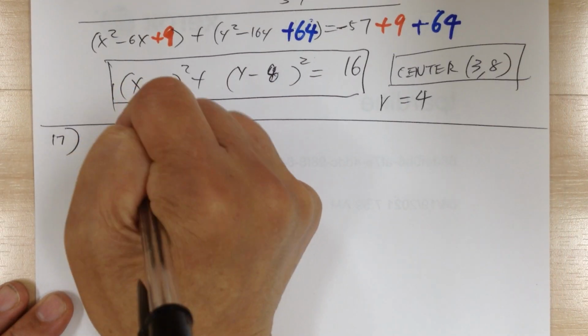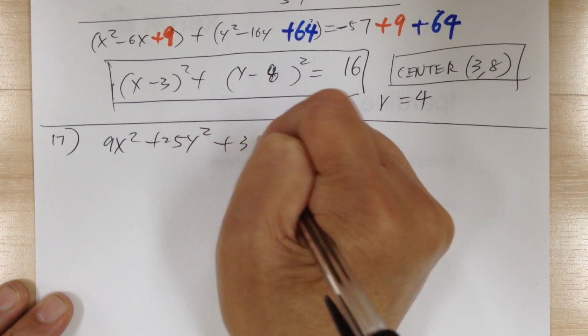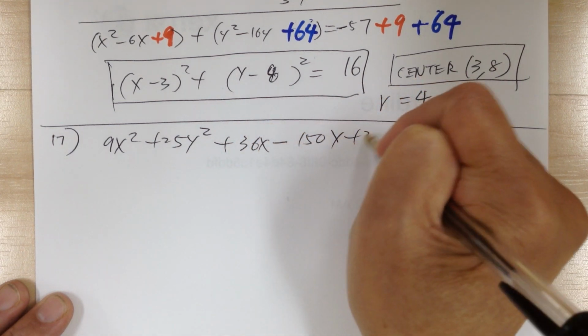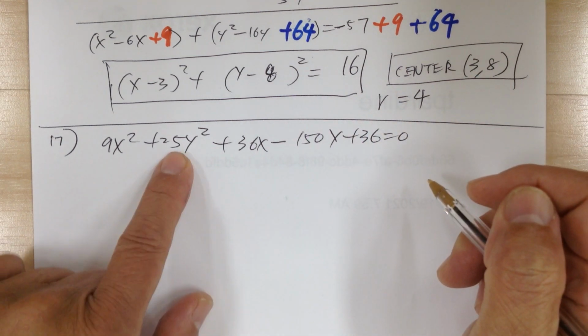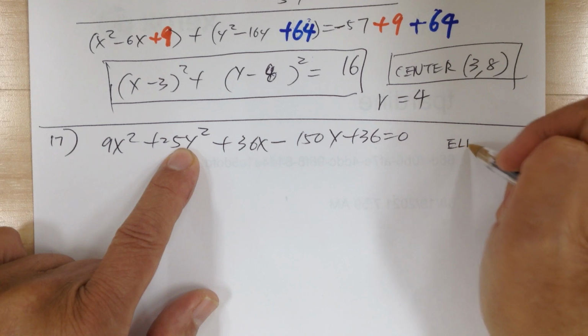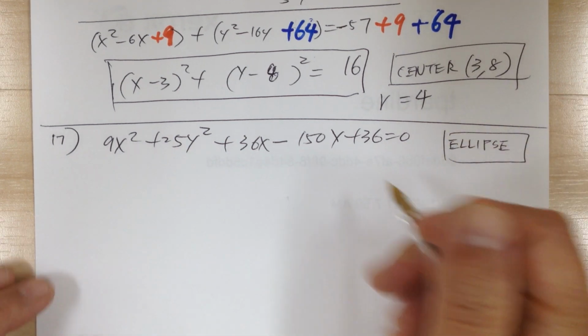You got 9x squared plus 25y squared plus 36x minus 150y plus 36 equal to 0. So right away, you've got square plus square, so this is going to be an ellipse.